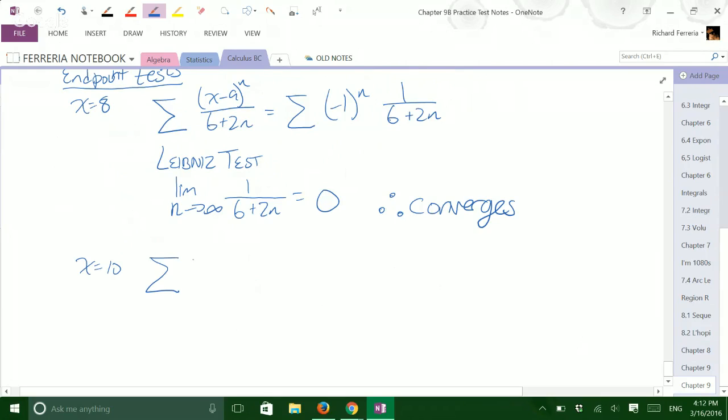At x equals 10, this series becomes 1 over 6 plus 2n, which is close to a p-series, which means I want to use limit comparison.